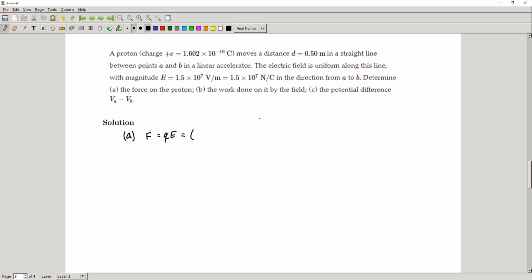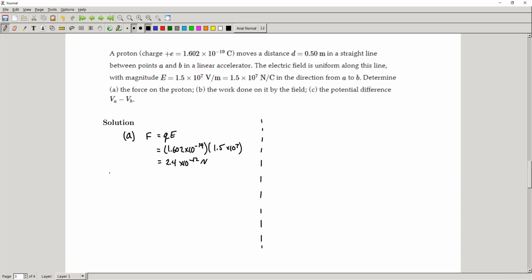Okay, so this is going to end up giving me 1.602 times 10 to the minus 19 times our electric field, which was given to us 1.5 times 10 to the 7. And if we do that calculation, we will find that this is equal to 2.4 times 10 to the minus 12 newtons. Okay, that's simple enough.